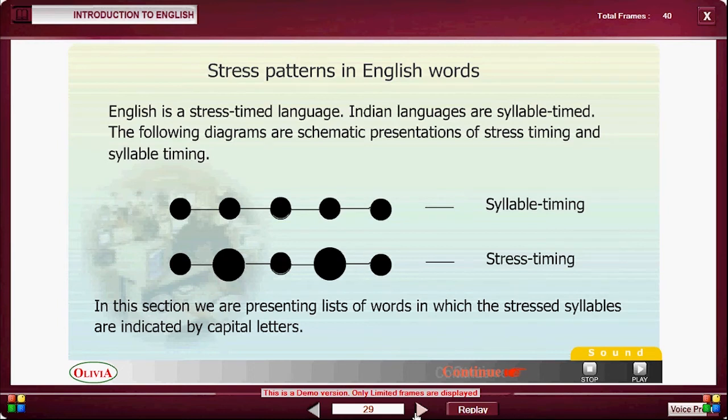First is the schematic presentation of our language, a syllable-timed language. And the second is the schematic presentation of English. We can see the stressing habit there. So in the next frame, we give some of the words.